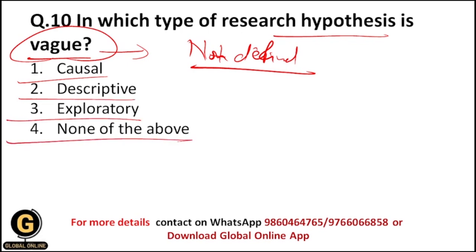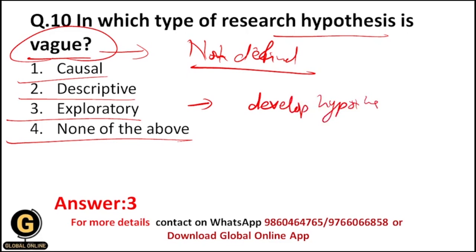Students, all of you understood that only the exploratory research design is the type in which the research hypothesis is not clear or not defined, because in the exploratory research design our final step is to develop the hypothesis. Priorly we are not able to understand what the research is about, so here we collect preliminary data, and finally we develop the hypothesis. That's why the hypothesis is vague over here, that is, it is not defined.